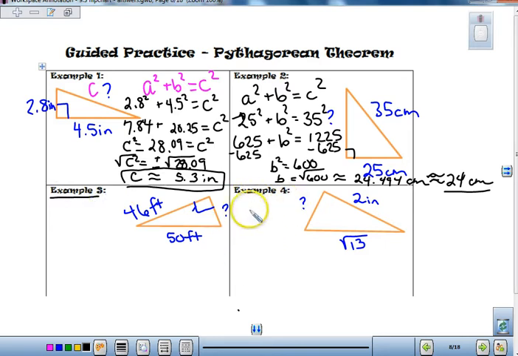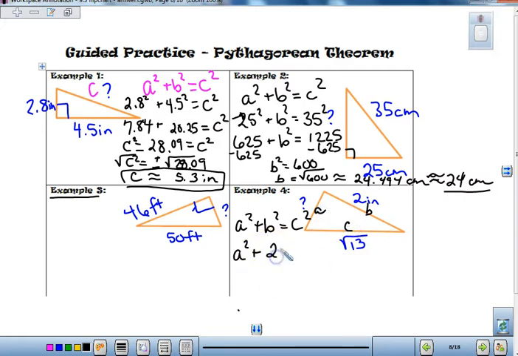And example 4 we're going to do together because this is a little different with this square root. Again, we start the same way. a squared plus b squared equals c squared. I am going to use a squared. Instead of b, I'm going to use 2 as being my b. And this is my side c.